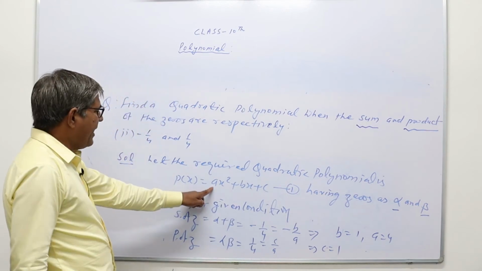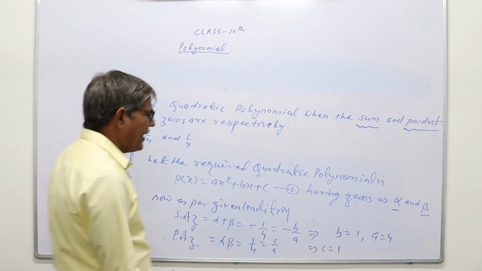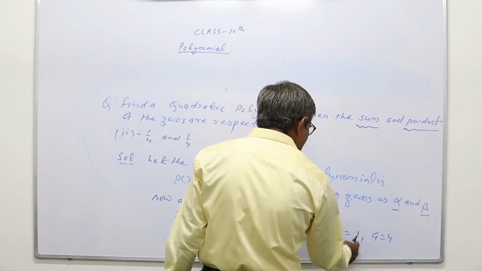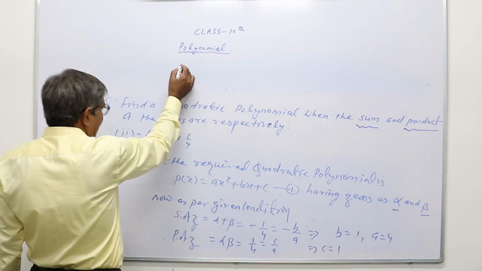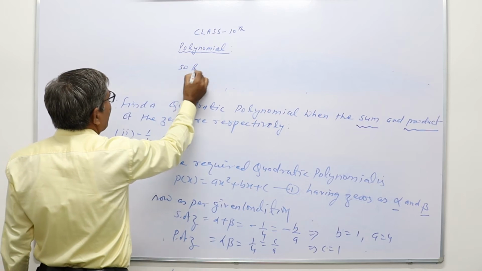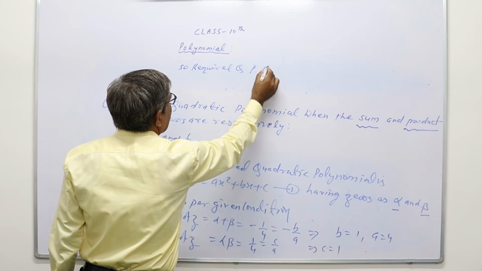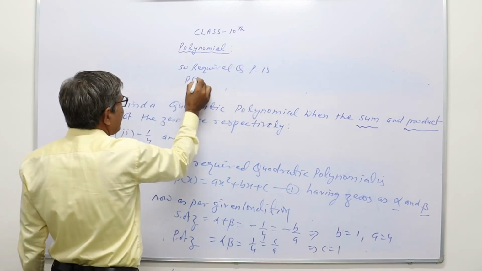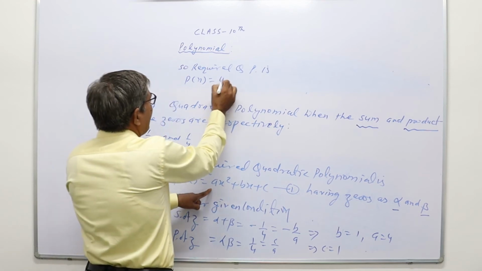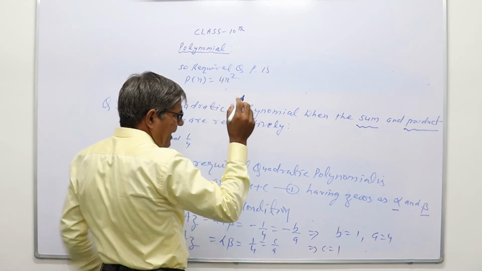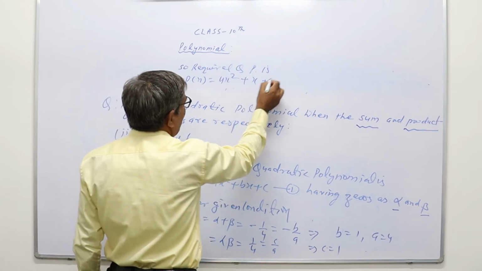Now, the required quadratic polynomial is ax square plus bx plus c. By putting the values of a equal to 4, b equal to 1 and c equal to 1, the required quadratic polynomial is p(x) equals 4x square plus x plus 1.